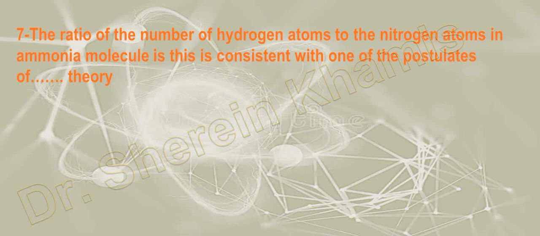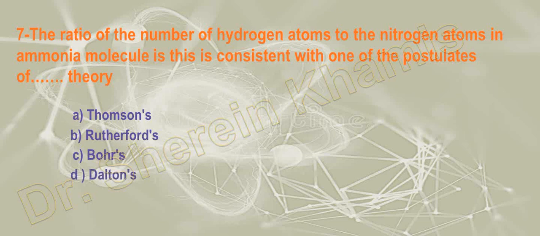We have Thomson, Rutherford, Bohr, and Dalton. What do you think about this? We mentioned before, for the first, second, third and fourth time, that we have fixed ratios, so we are talking about Dalton and his postulates.